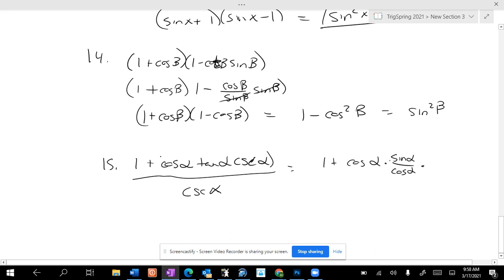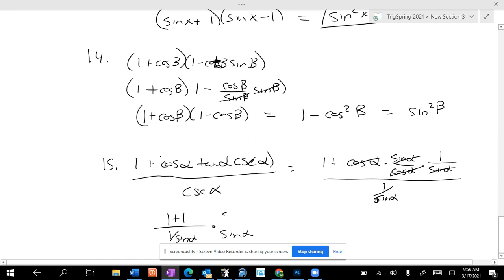What should I change cosecant into, Colby? 1 over sine. And then cosecant down here is 1 over sine. So then what happens is the cosines cancel, the sines cancel. On the top, I get 1 plus 1. On the bottom, I have 1 over sine. So I multiply both the top and the bottom by sine. So I get 2 sine of alpha.